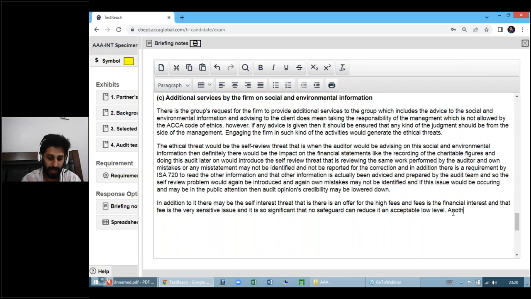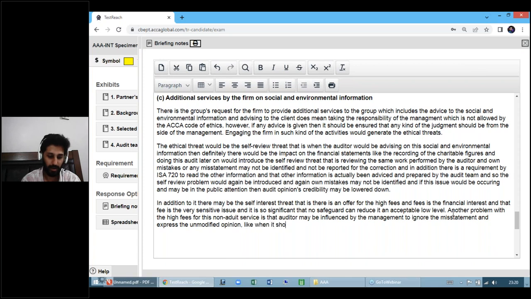Another problem with the high fees for this non-audit service is that the auditor may be influenced by the management to ignore the misstatement and express an unmodified opinion when it should be modified.